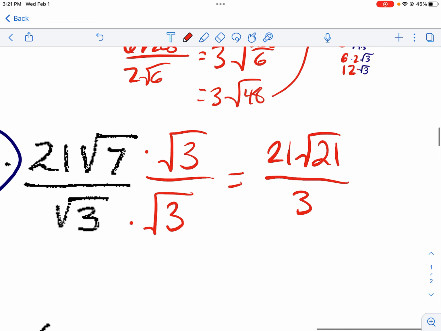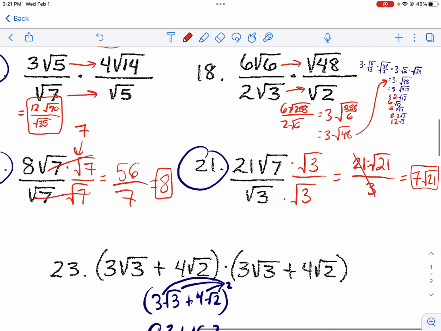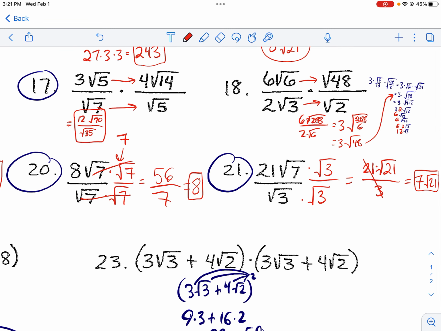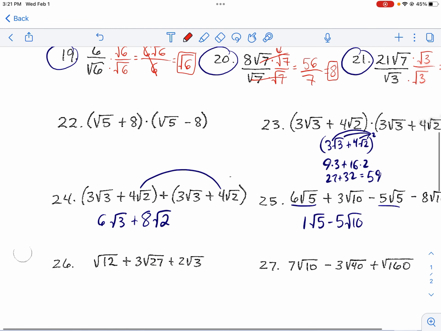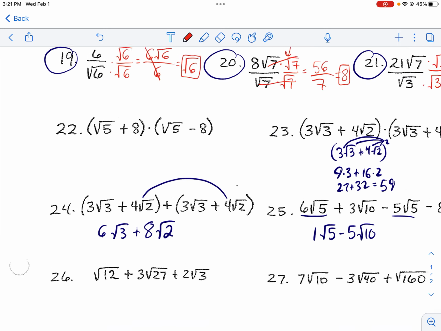And you think, can I cross those off? I can, again, because it's a multiplication. I get 7. I can cancel those. I get 7 square root of 21. I'm done. Again, 21 is a non-reducible square root from that point on. That brings me to 22. I got 22, 26, and 27 left here.